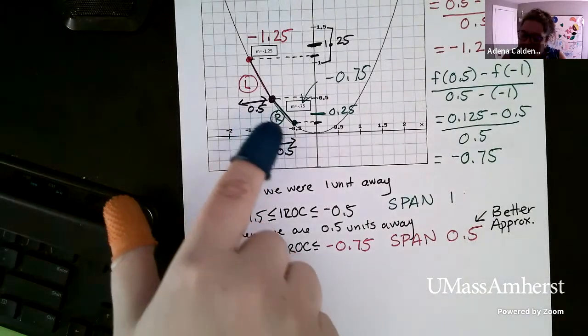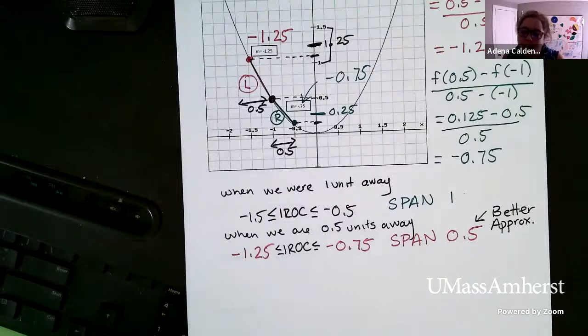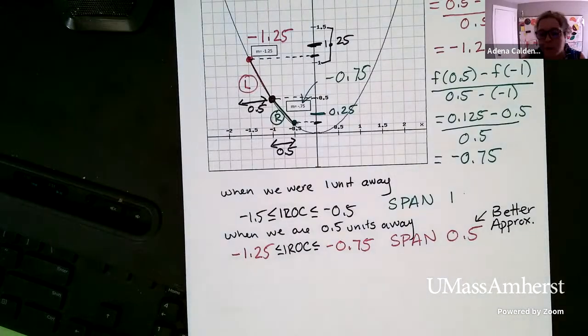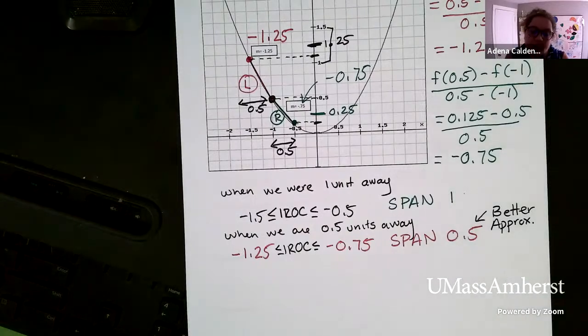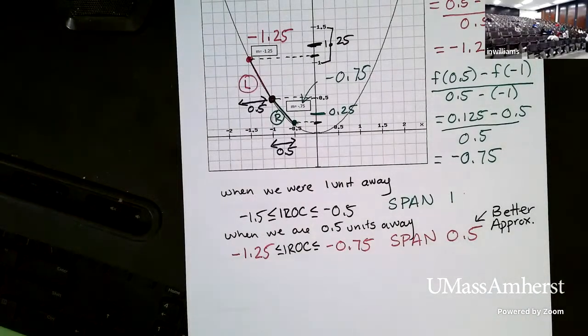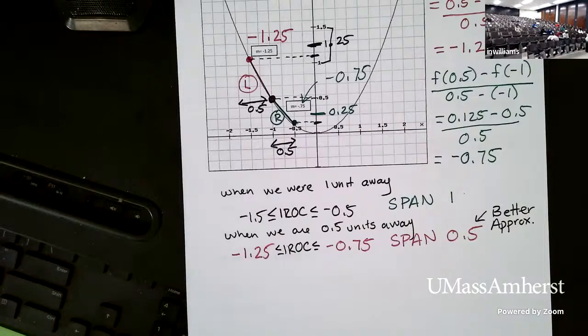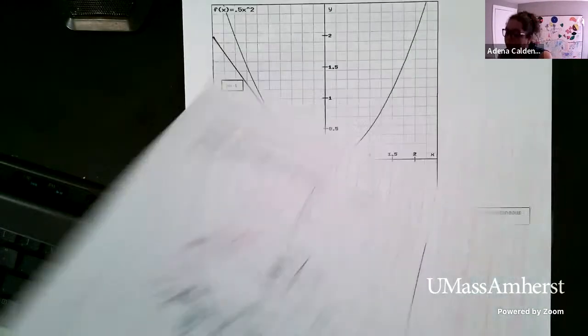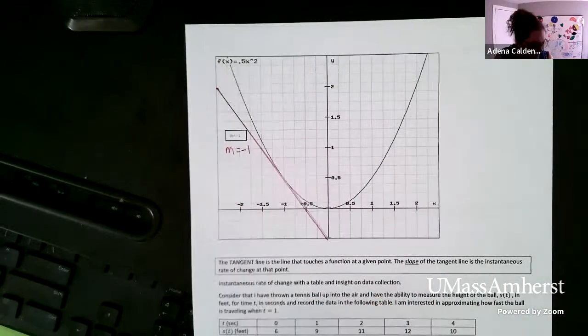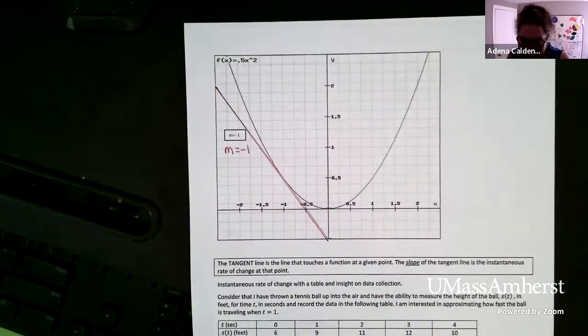So what's happening is that the slopes from the left and the right are getting closer and closer to each other as we do this. And eventually, if we get close enough, then the slopes of the lines will be the same on the left and the right. And when that happens, that is the exact instantaneous rate of change.